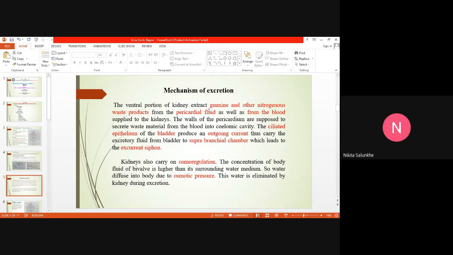Osmoregulation means maintenance of osmotic pressure in the outer and inner surface of the body. Why is this osmotic pressure generated? Presence of salts. Okay, so what is the situation here in freshwater animals?